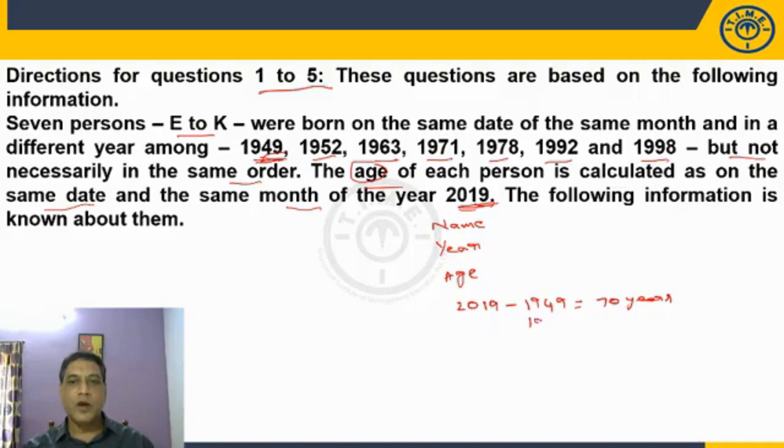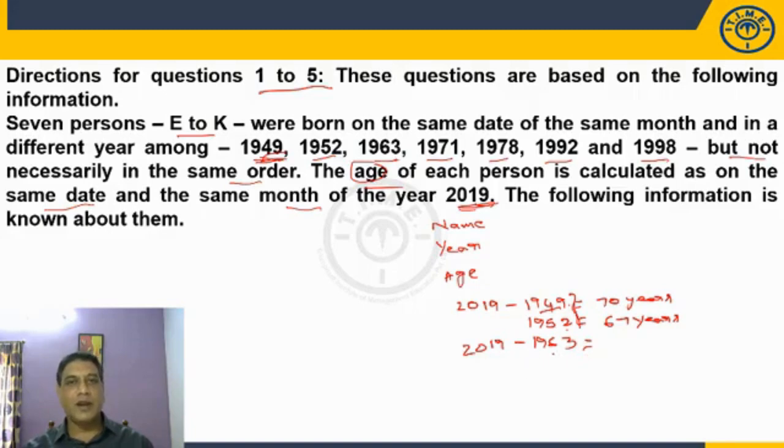For the person who was born in the year 1952, the age is 67 years. That is 2019 minus 1952. Since we have calculated this, we can also do that. He is 3 years younger, 1949, 1952. So it should be 3 less. You can directly subtract from 2019, or once we calculate the age of one person, the rest we can compare with the age of that person.